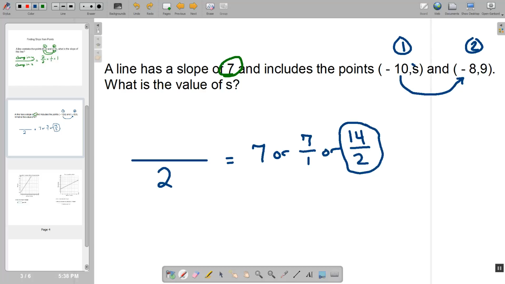So from s to 9, I have to go up 14. That means s has to be -5, because -5 to +9 would be going up 14. So that's pretty tricky, but definitely not impossible.